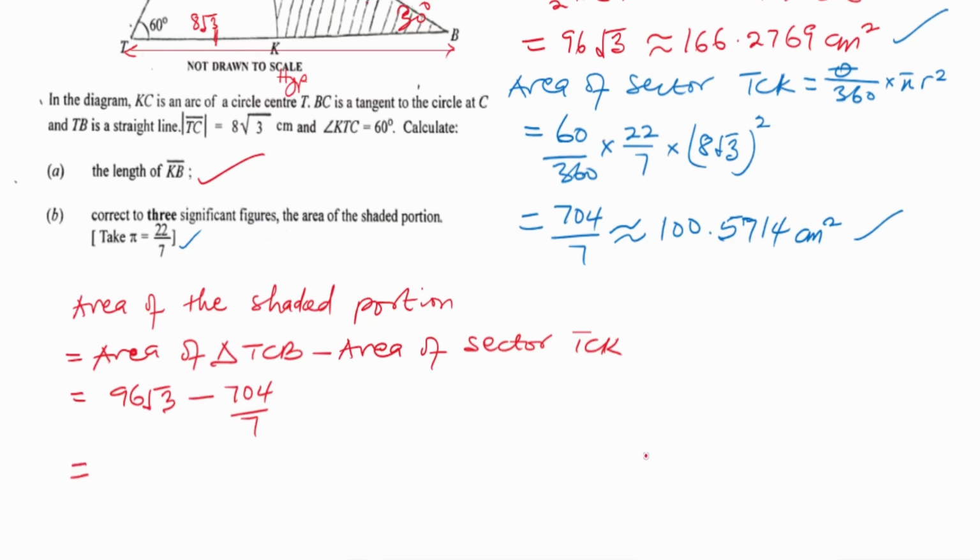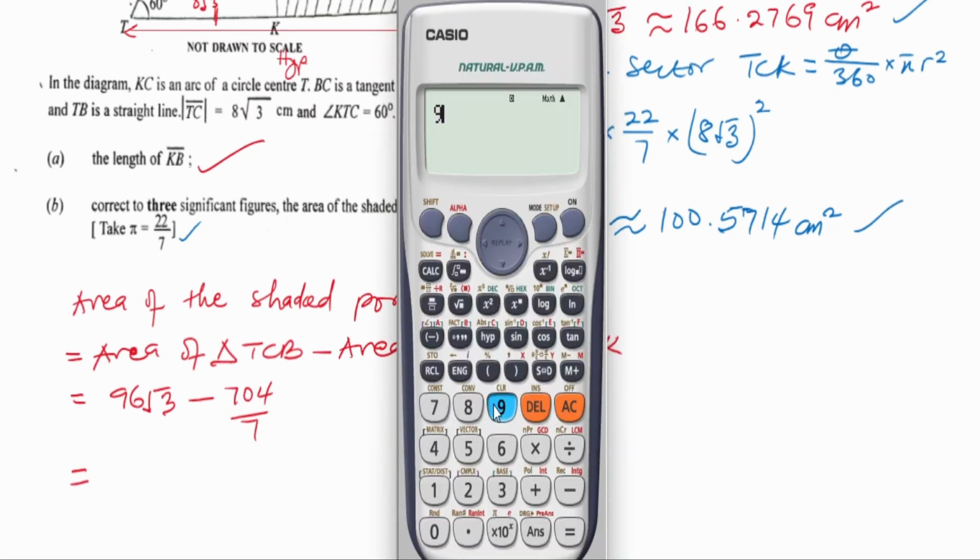And that is going to give us, let's work that on the calculator. 96√3 minus 704/7, then equals, so that gives us approximately 65.7054.